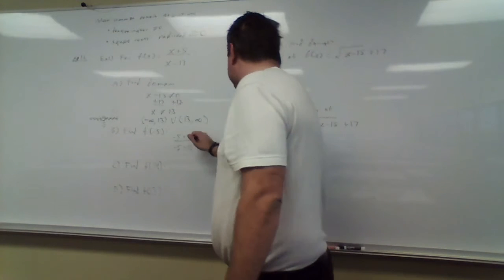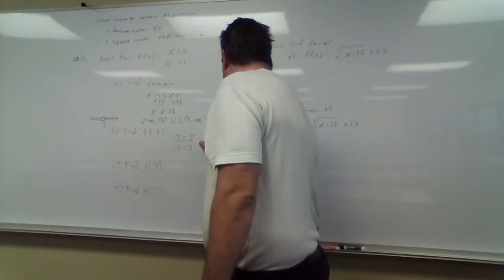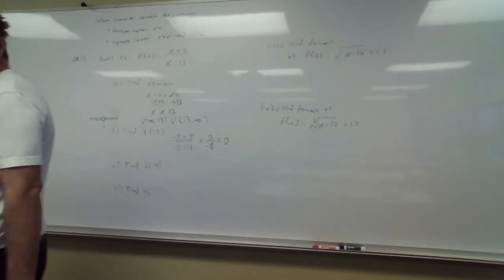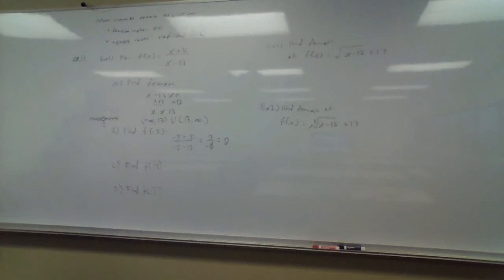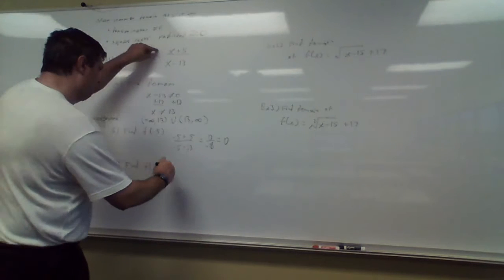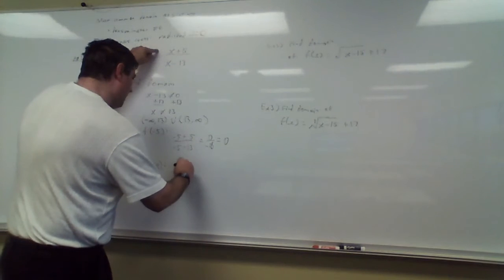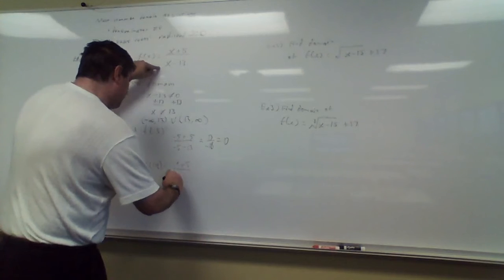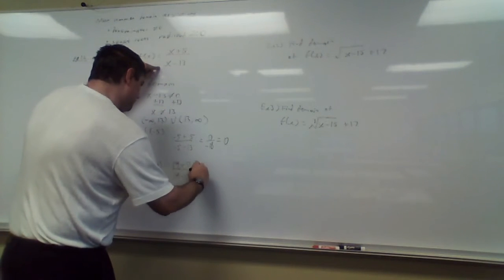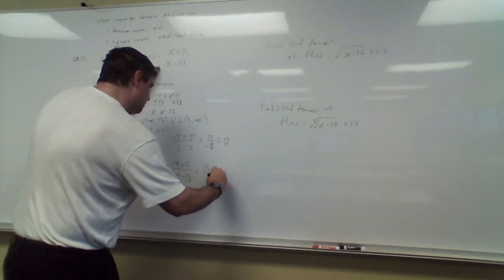So this is going to be 0 over negative 18, which is 0. Numerators can equal 0. Denominators cannot. Okay? Find f of 14. Well, 14 plus 5 over 14 minus 13 is 19 over 1, which is 19.